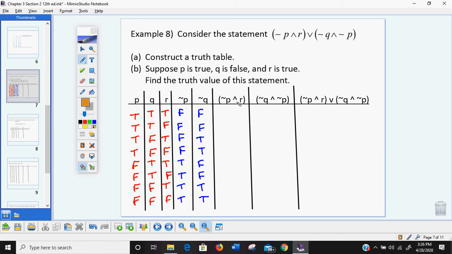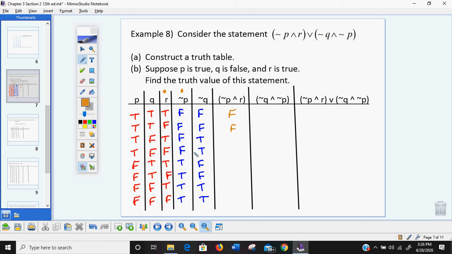So I have not P and R. Okay, so I'm looking at the not P column right here and the R column right there. It's and. So for this to be true, they both have to be true, one and the other. So the first row is false. The second row is false.